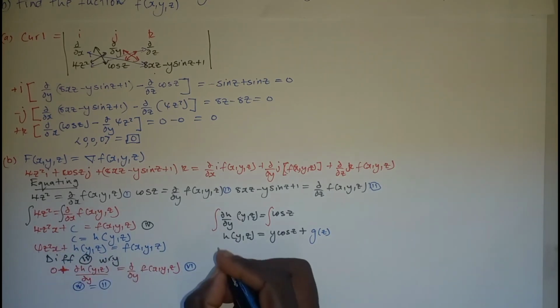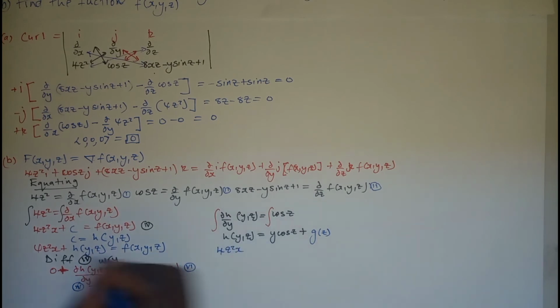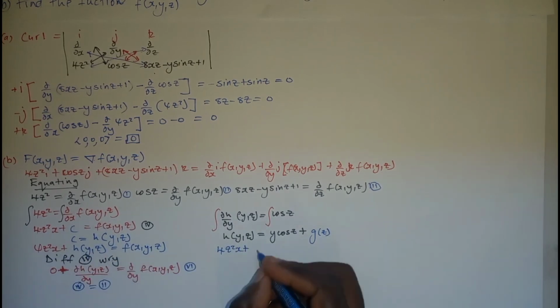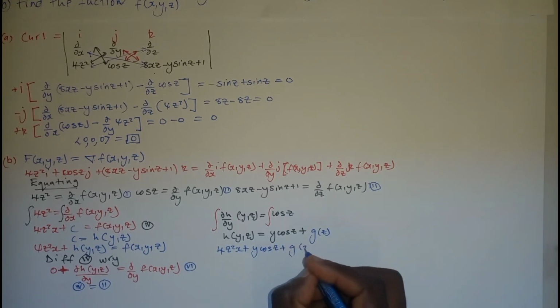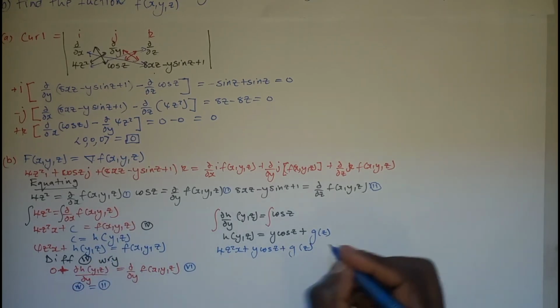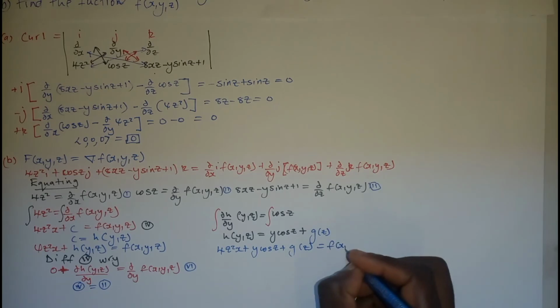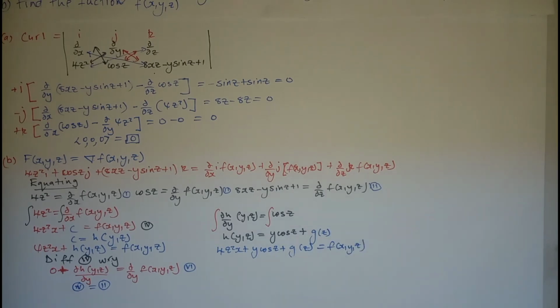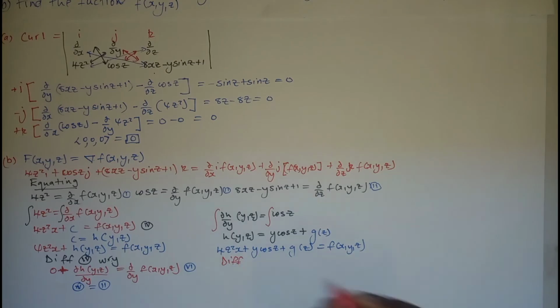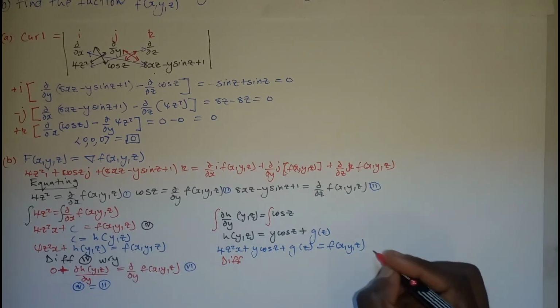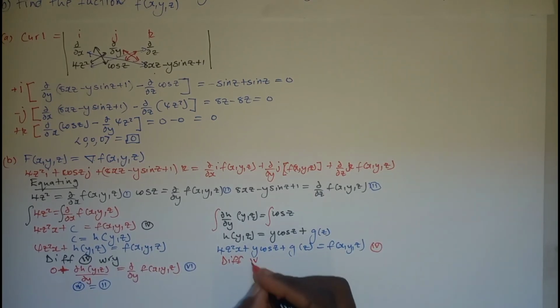You can now write it as 4z squared x plus, instead of writing h, we're going to write y cos z plus g of z, and that is going to give us f of x y z. Now let's connect partial z with this equation. We're going to differentiate equation number 4 with respect to z.